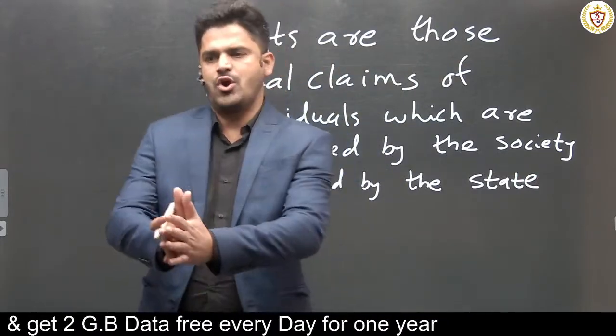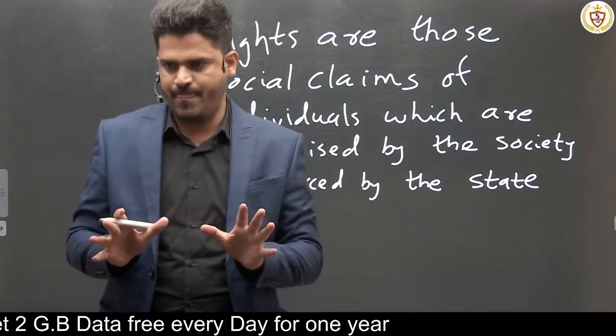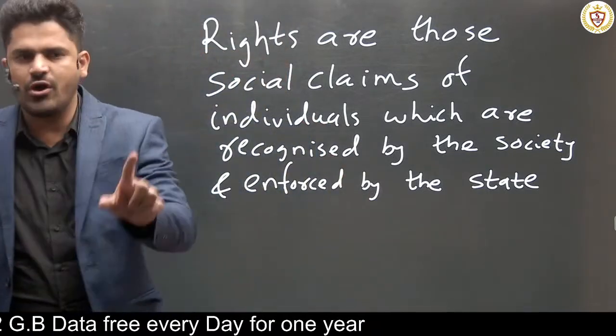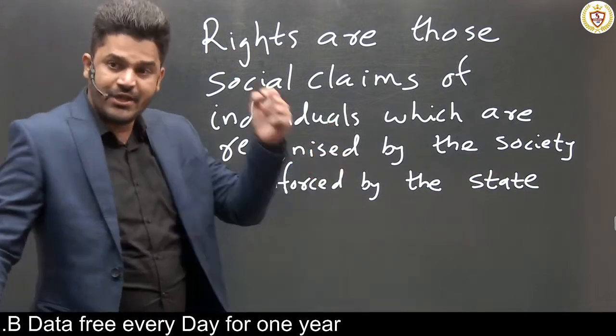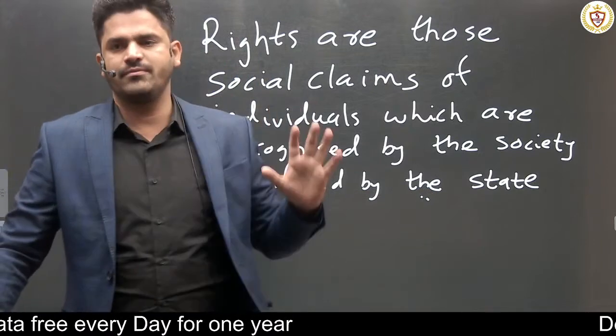Mere recognition of rights by the society is not enough. Along with recognition of a particular right by the society, enforcement of that right by the state is also important.